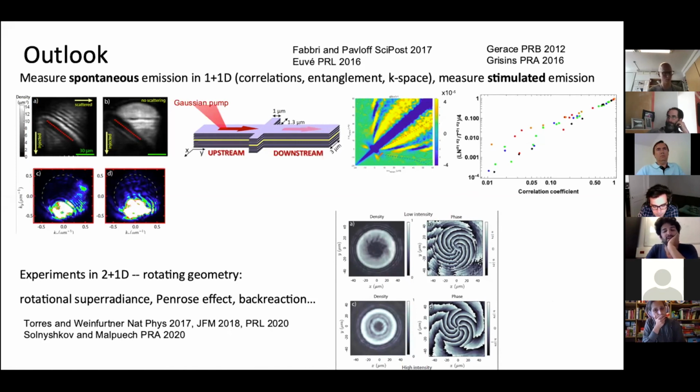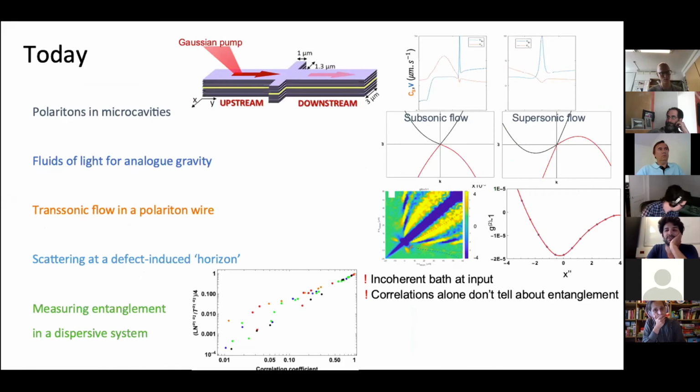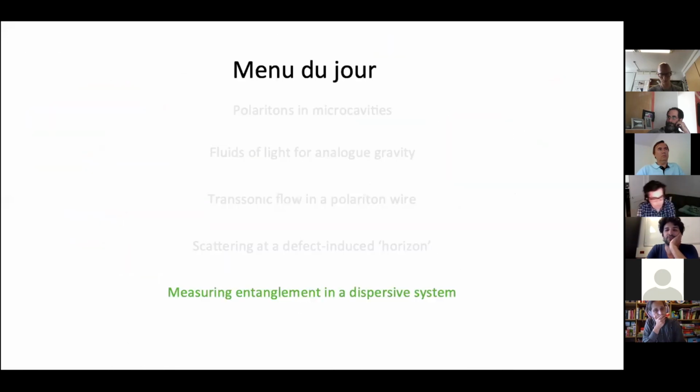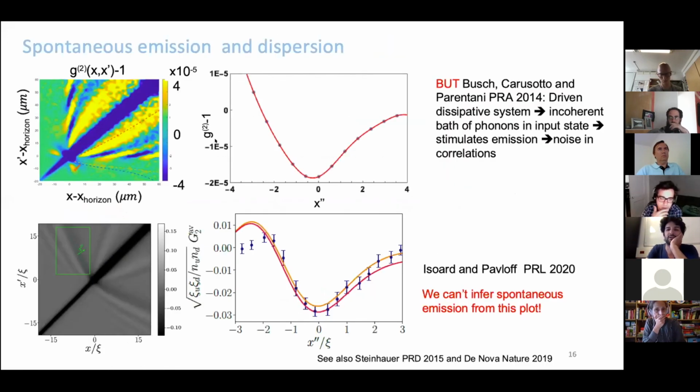Well, I think we cannot really know, and this is precisely because of what was shown in this paper by Jacopo and collaborators. I think there will always be some incoherent quasi-thermal bath of phonons. And these are not really of quantum fluctuation origins, so to say. So there will always be some background noise. And I'm sure Jacopo would have a much better answer to give to this, but this is basically what I can tell you now.